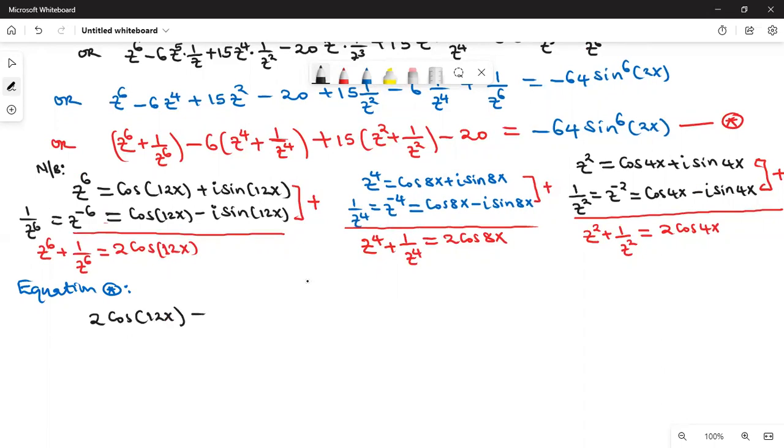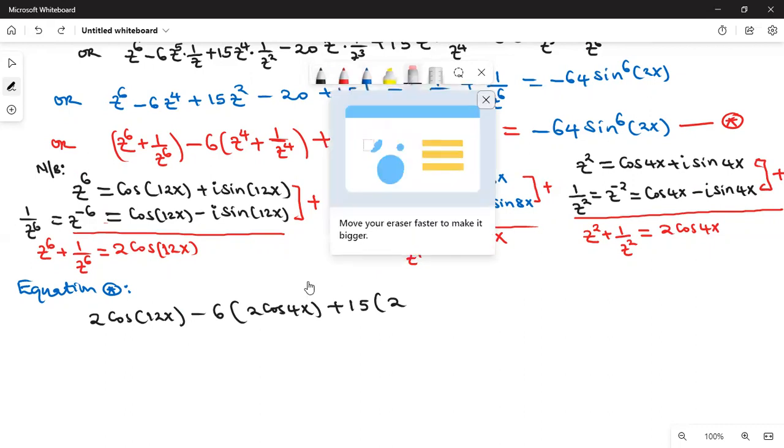The other one is minus 6 times 2 cosine of 8x, not 4x, let me rub it.